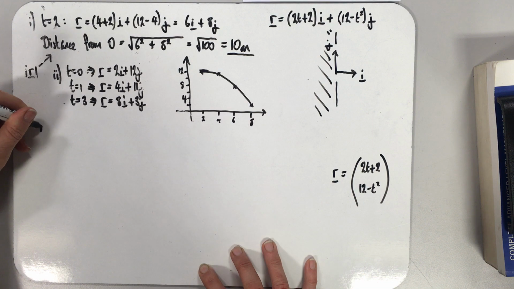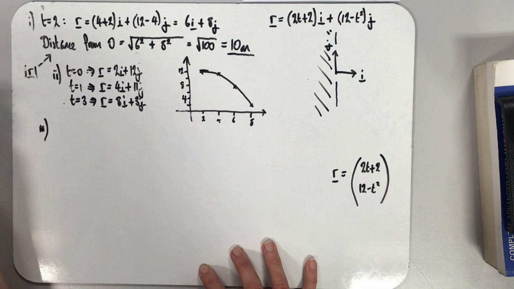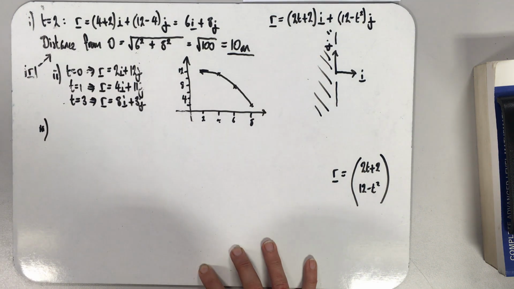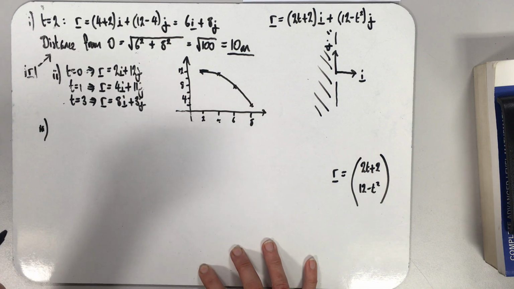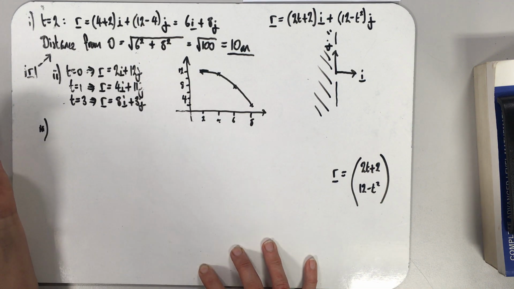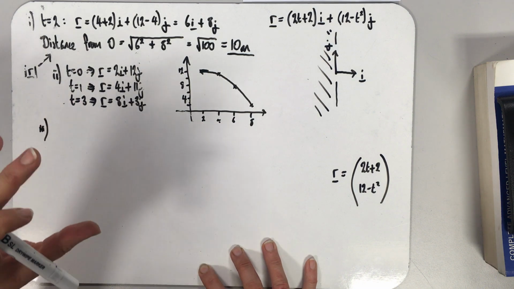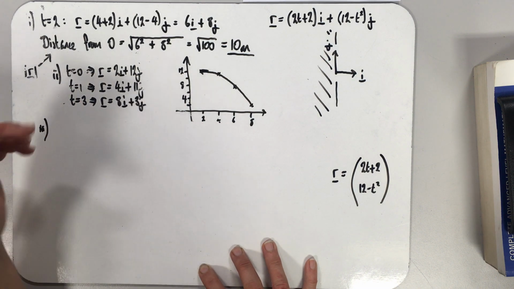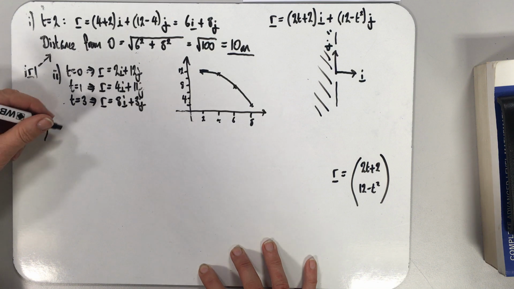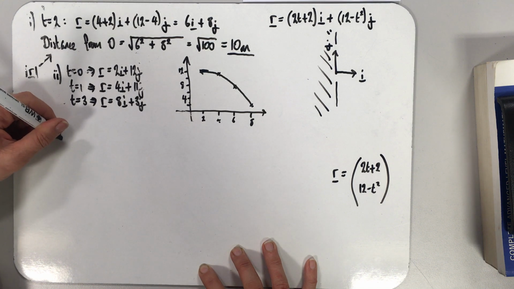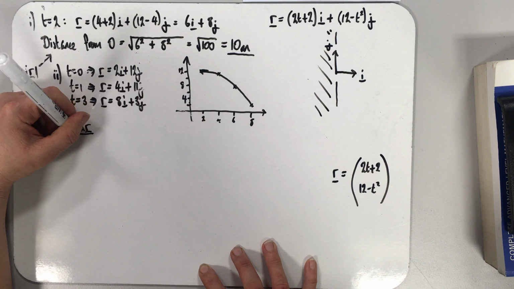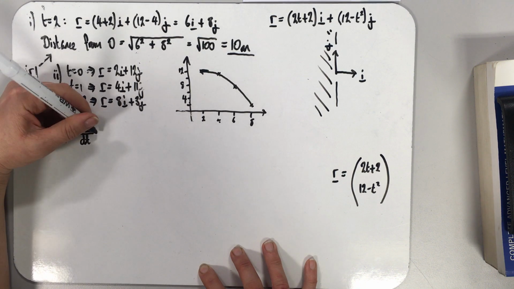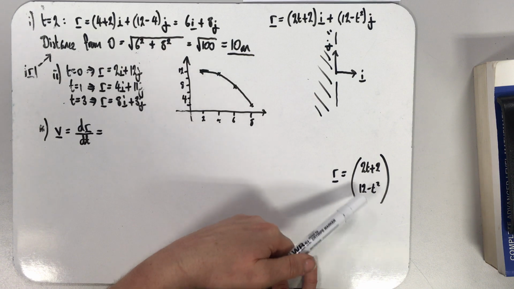Right, part 3. Find expressions for the velocity and acceleration of the speedboat at time t. So the stuff we did on non-constant acceleration, where you differentiate and integrate, you can do the same for vectors. So the velocity is when you differentiate the position with respect to time. Again, if you prefer column vectors, that's fine.